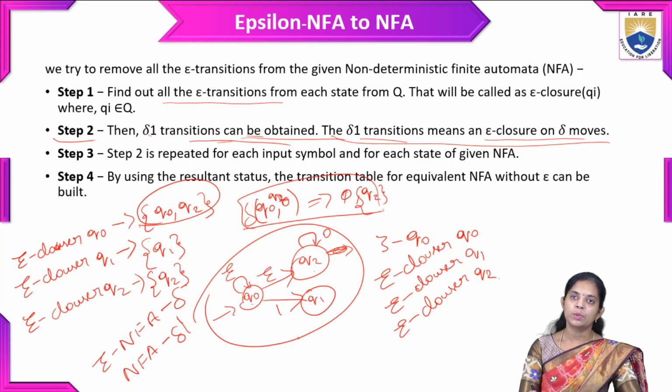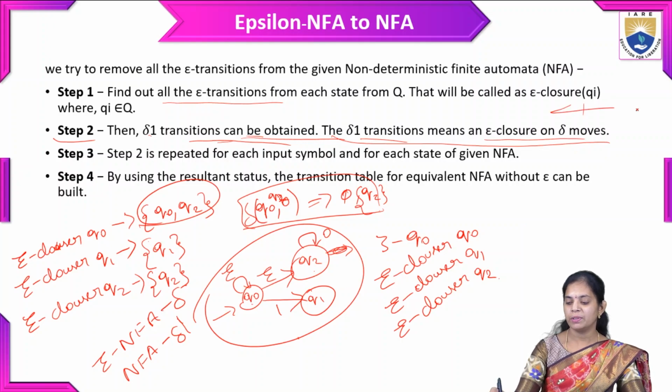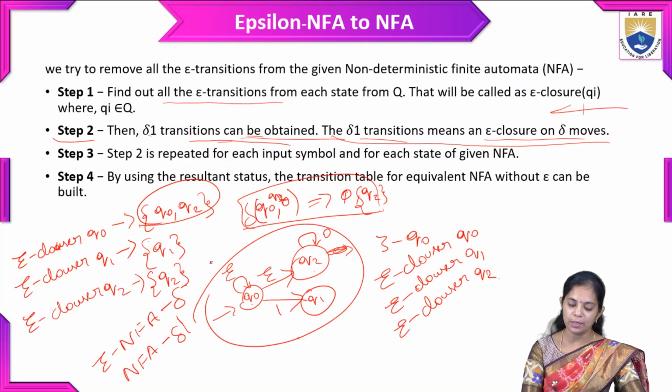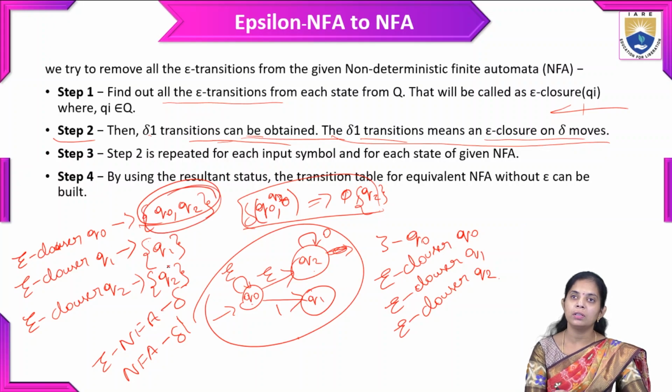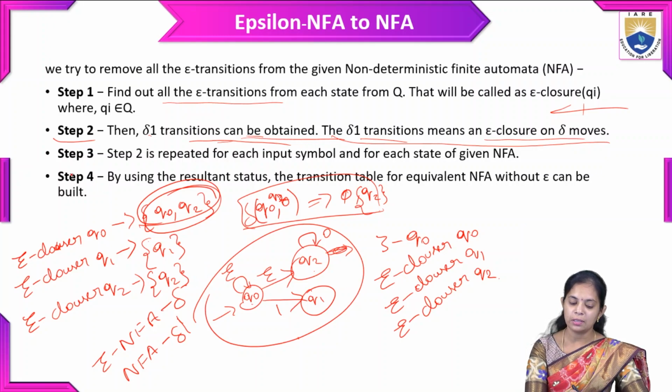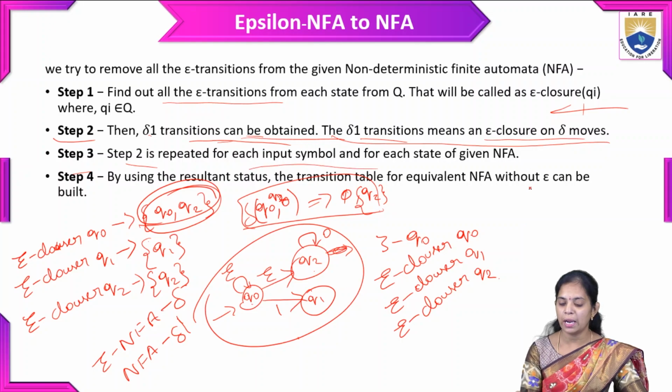So the epsilon closure we got from step 1, we need to find all the transitions for those results. For every input we need to find the transitions. Next, the third step: step 2 is repeated for each input symbol and for each state of the given NFA. How many states are there?